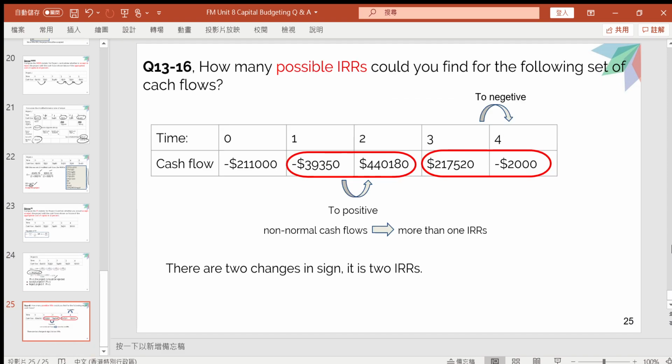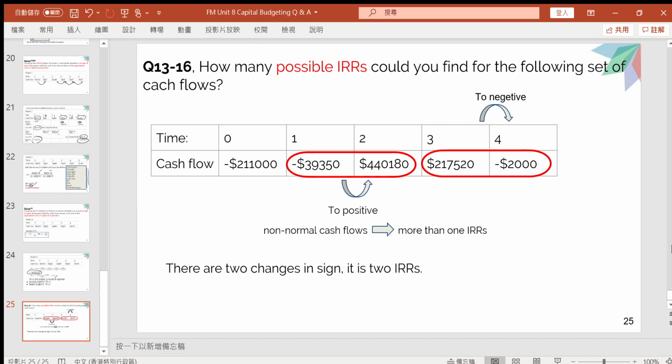Okay, the last question. Now let us think through how many possible internal rates of return you can find from this cash flow. The internal rate of return will appear at the point where there is a change of the sign. Because of that, if a cash flow has 3 changes in the sign of the figures of the cash flow, then there will be 3 possible answers.